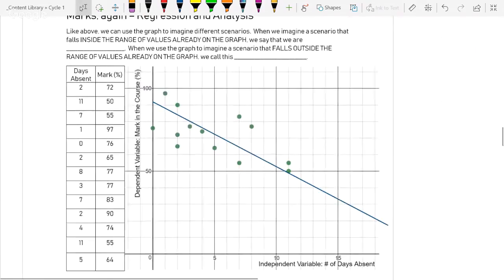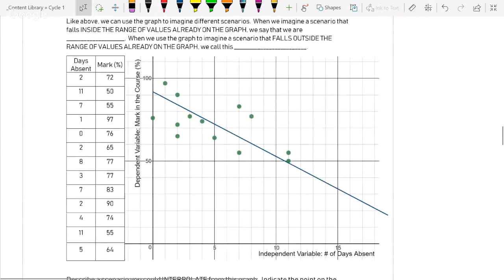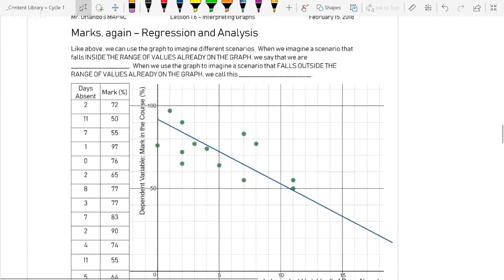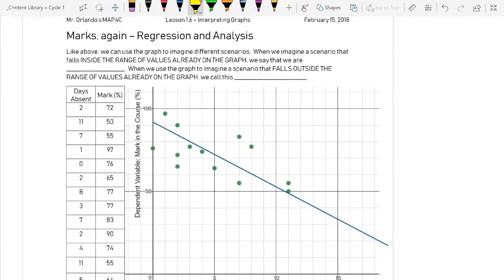Fair enough. Now, I just want to draw a distinction here, because this is the kind of thing that mathematicians start to argue about, which is this part of our line of best fit is based on data in that range. Does that make sense? What about this part of our line of best fit? Now, could it still be predictive?